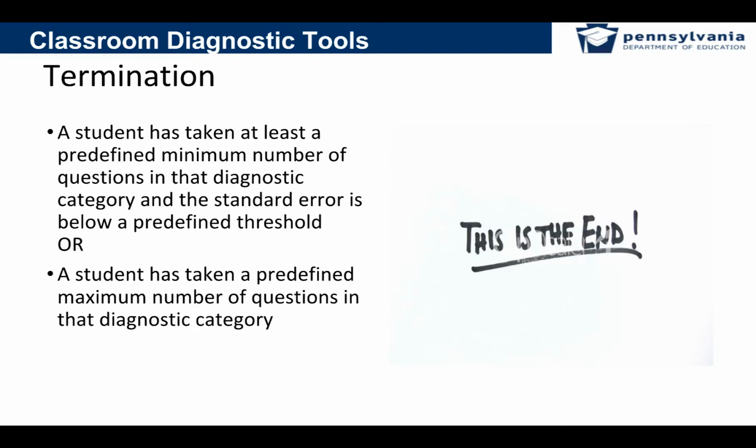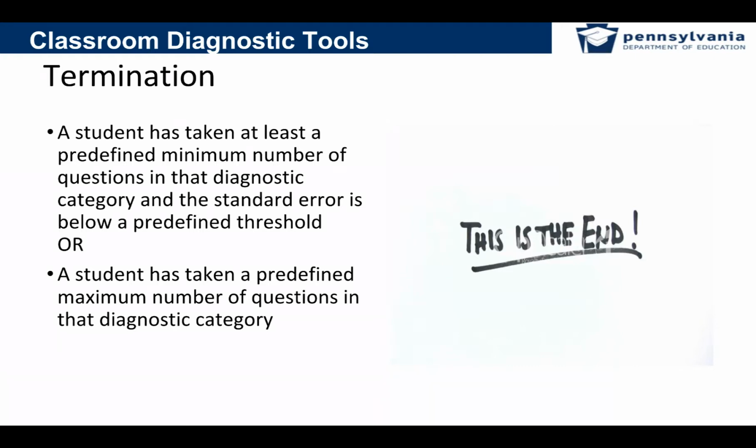Now, the other condition was the student has taken a predefined maximum number of questions in that diagnostic category. So there are a possibility of 10 to 12 questions per diagnostic category. In ELA, 12 would be the maximum. If we were in science or math, the maximum number of questions would be 15. So students have a minimum of 12, but a maximum of 15 per diagnostic category to meet one of those criteria.